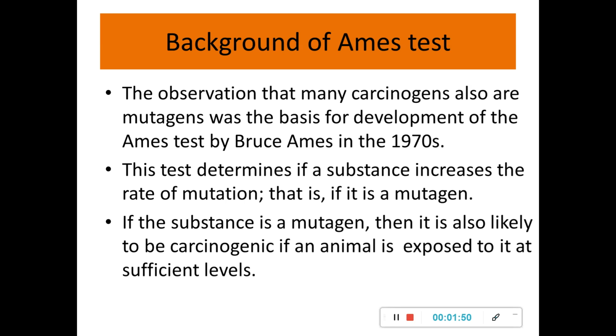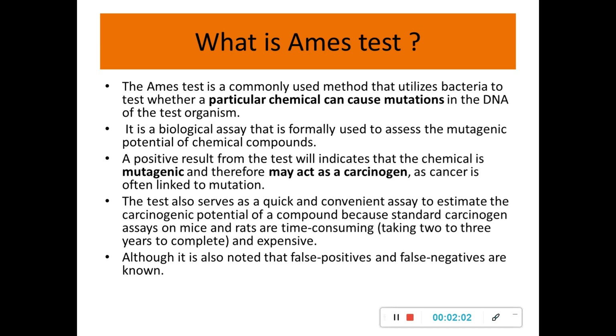Based upon this, the Ames test was developed in the 1970s, aiming to find out the mutation rates or the mutagenic property of a substance. So, let's go into the details. Here we basically use some bacteria to test whether a particular chemical can cause mutations in the DNA of the test organism.